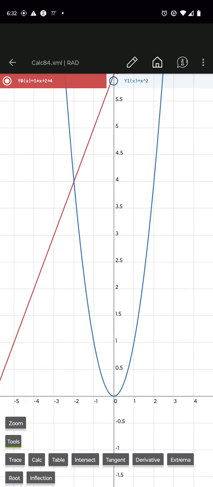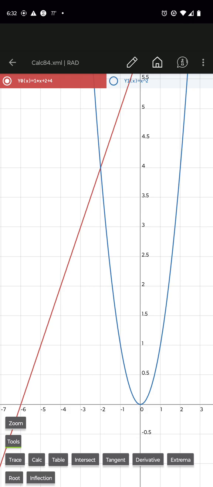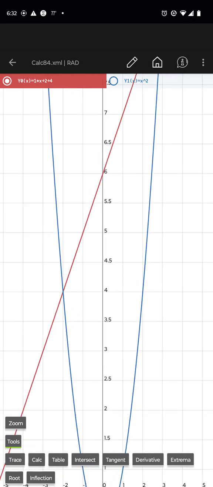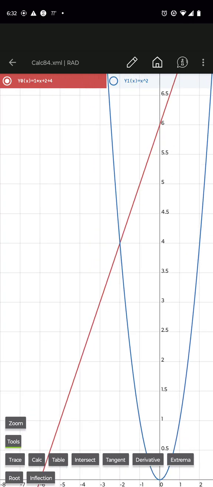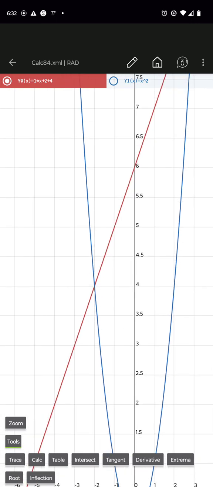I thought it was more like this type of function because... Oh, look. The linear function and this quadratic function has two solutions. You got one over here and the other right here. Two solutions.